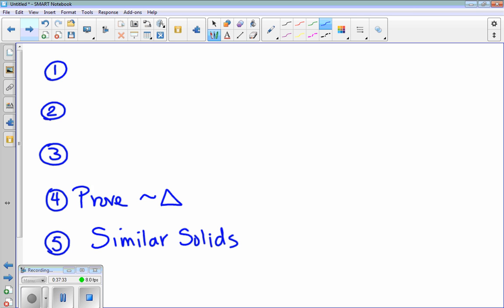What additional information would I need to show, that kind of thing. You're going to have to be able to use similar triangles to solve for x. You're going to have some problems where I say this triangle is similar to this triangle, therefore solve the problem. So you'll have to use the similarity statement and figure out what matches to what and solve for x, usually with a proportion.